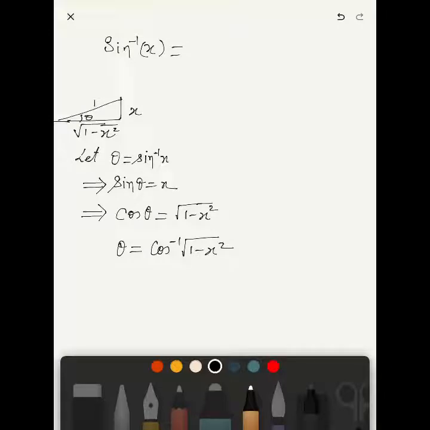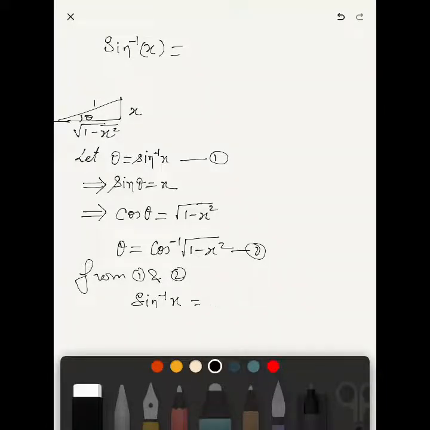Now you can say that from equation 1 and 2, here this is 1, this is 2, from 1 and 2 we can say that sine inverse x is equal to cos inverse under root 1 minus x square.